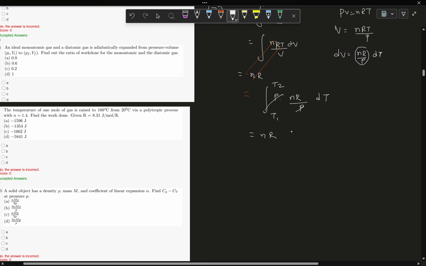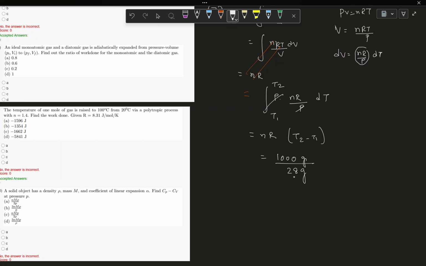So this is number of moles into R, dT is just T2 minus T1. The number of moles in this case, this is nitrogen given as 1000 gram, so 1000 gram by 28 gram, because 1 mole of nitrogen gas is equal to 28 gram. So for 1000 gram, the number of moles is 1000 by 28, into R which is 8.314, the universal gas constant, into the temperature difference, which does not depend on the unit.